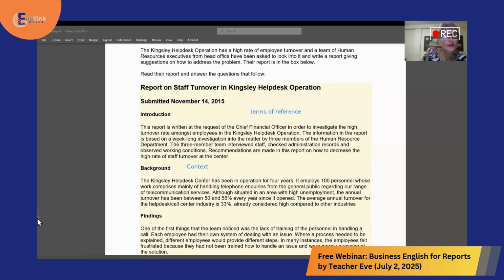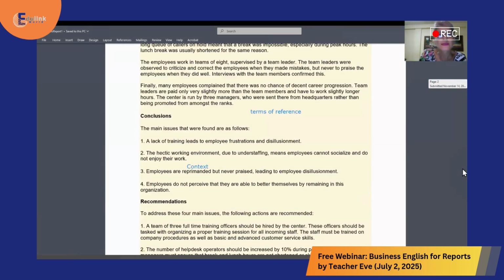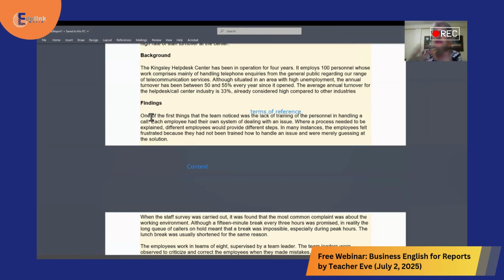Okay. And then if we move on, we're going to something called findings. With findings, this is usually the longest part of a report. This is what the people who are doing the research, investigating, looked into, and the things they found that were a problem.